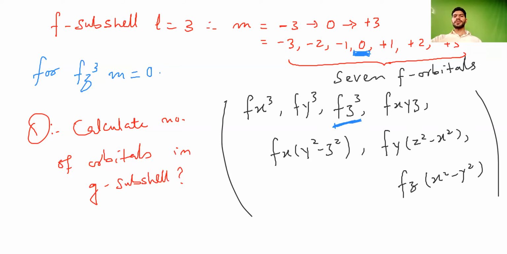So can anybody tell me how many will be there? Can you calculate the number of orbitals in g subshell?